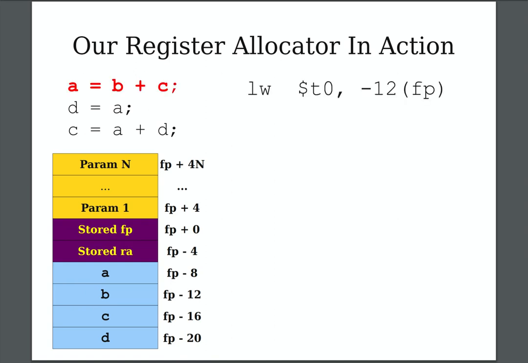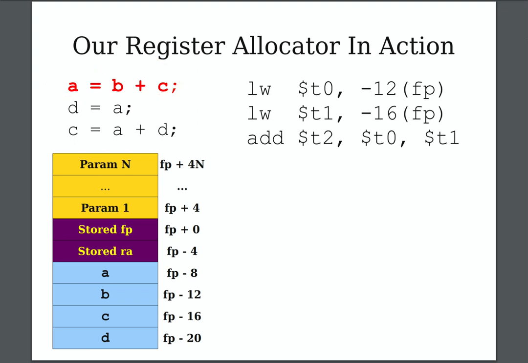As you should know from implementing project 3 or project 2, I think it was, in order to generate machine instructions for this assignment, we have to load B, load C, perform the addition in registers, and then store the value of A back to its memory location.